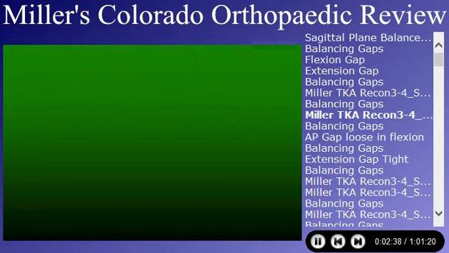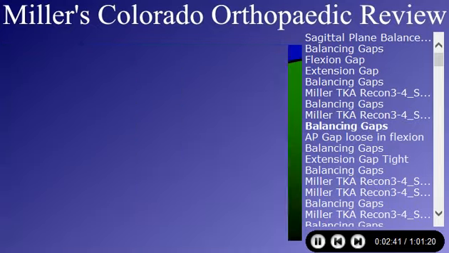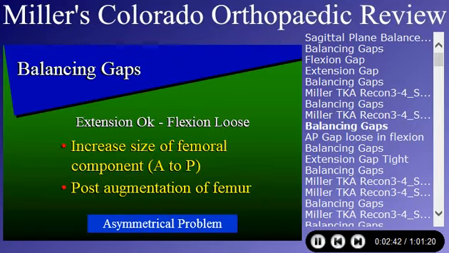So here you go, another gap problem. Your extension is okay, and your flexion is loose. This is an asymmetrical problem. And now you're going to tinker with the femur. Extension's okay, so what I have to do is deal with the bottom part of the femur, the posterior condyles. The flexion's loose, so I can increase that flexion gap.